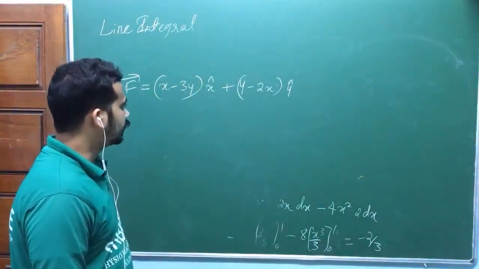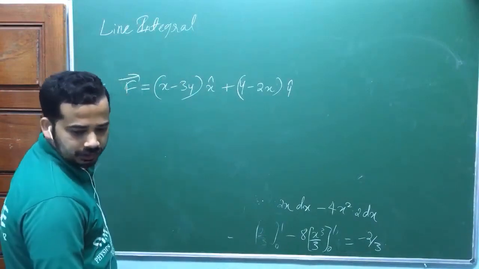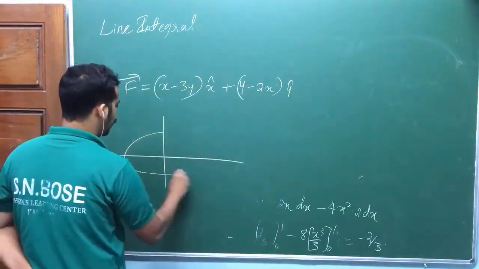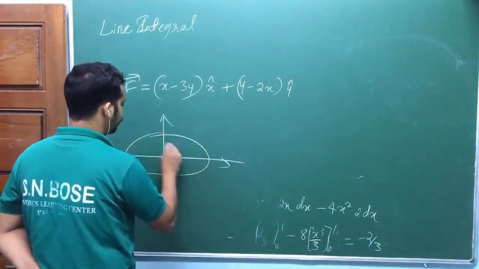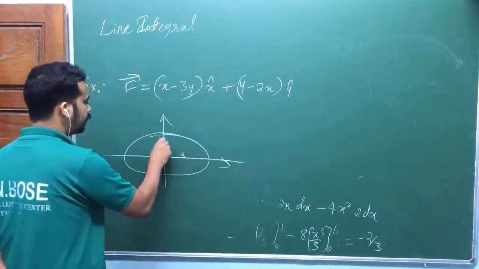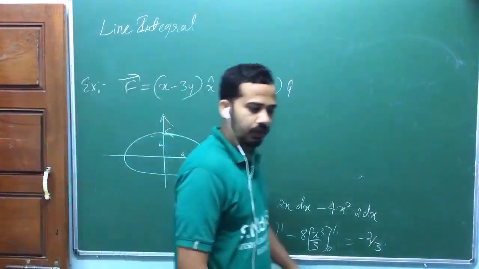Now suppose the closed curve in the xy plane is a kind of ellipse, where I will provide the major axis and minor axis, A and B. Then how do you do that one? Let me mention that one.